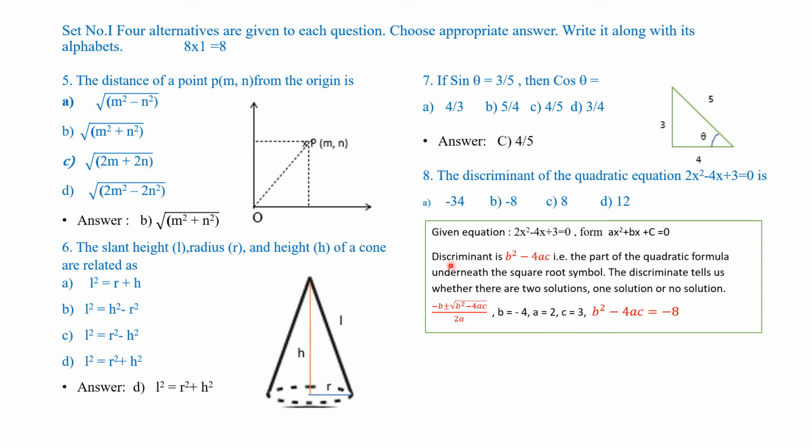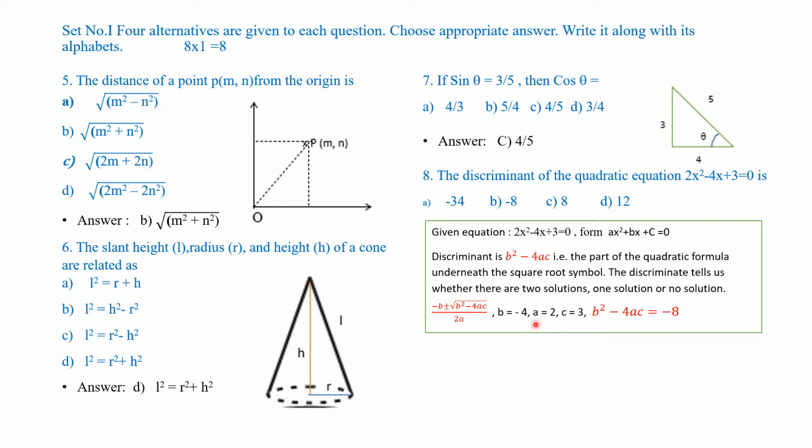Therefore, the discriminant is b square minus 4ac. That is whatever is inside the square root, the part of the quadratic formula underneath the square root symbol. The discriminant tells us whether there are two solutions, one solution or no solution.